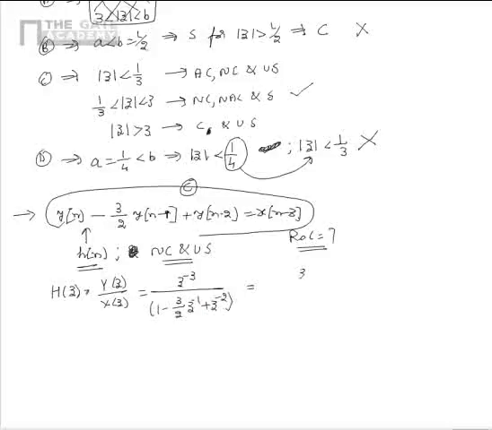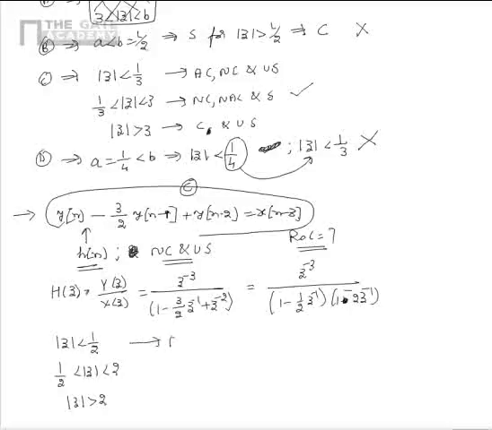This can further be simplified as z^-3 / ((1 - (1/2)z^-1)(1 - 2z^-1)). From this, we see that the possible ROCs are |z| < 1/2, 1/2 < |z| < 2, and |z| > 2.